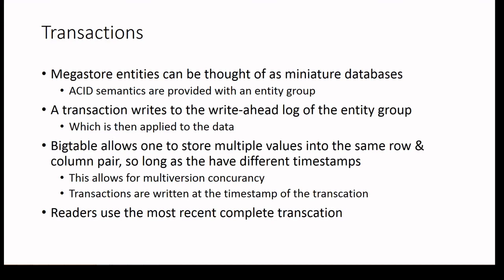So this allows you to have multiple versions of a single entity in that same row column pair. When you do a read, the read by default uses the most recent completed transaction, that is to say, the timestamp with the highest value.